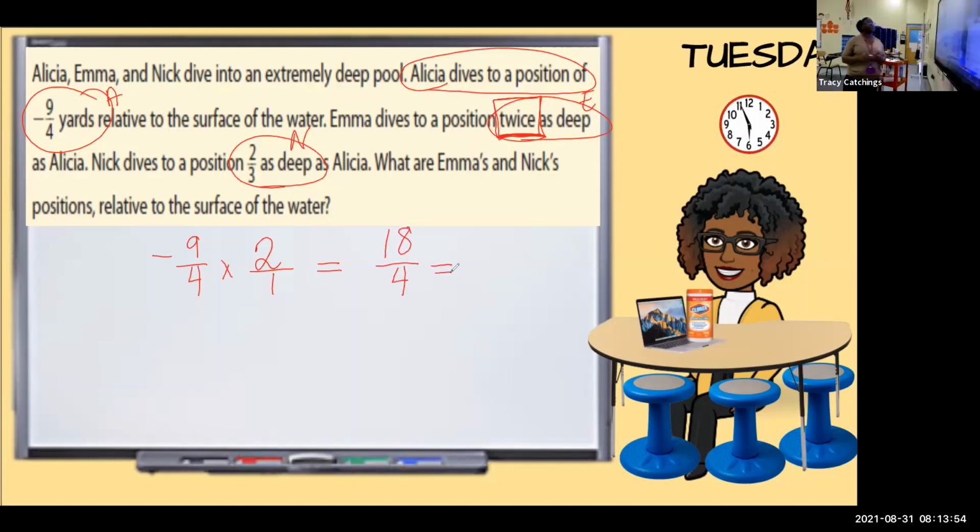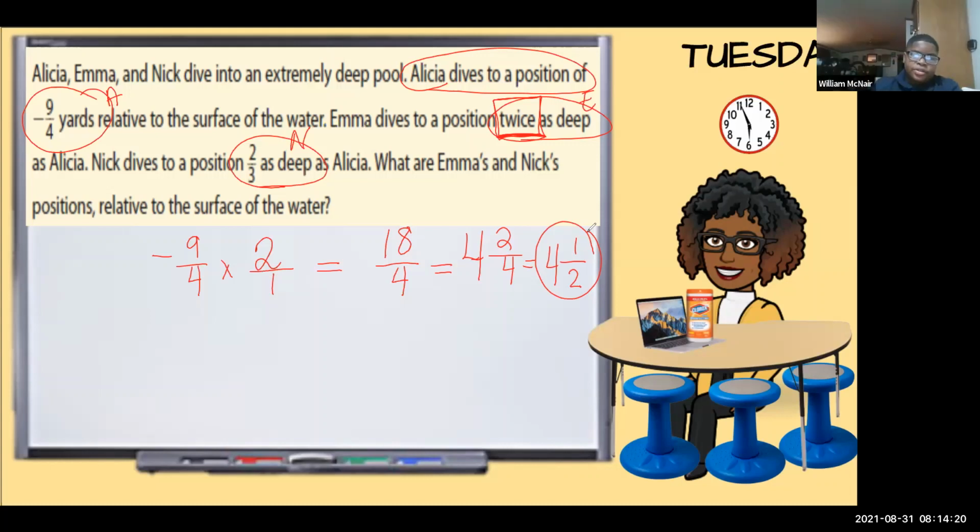How many groups of 4 can I take out of 18? 4. 4 times 4 is 16. Subtract that from 18, we get what? 2. Good job. 4 and 2/4, and 2/4 simplifies to a half. All right, now let me ask you, would that 4 1/2 be positive or would it be negative? Negative. We got one negative, so that means our product would be negative. Good job. So Emma is -4 1/2 yards.